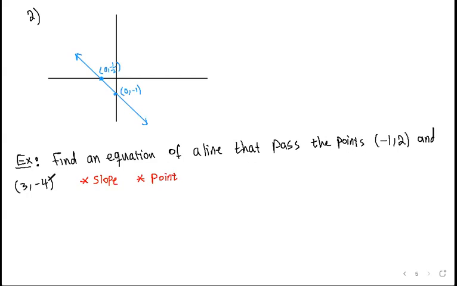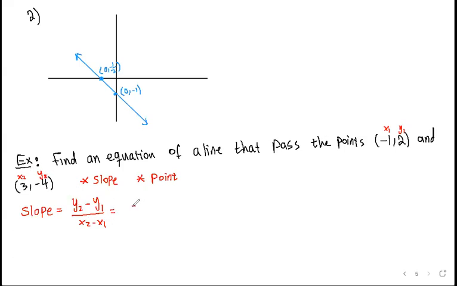I have 2 points, but I don't have the slope. How can I find the slope? y2 minus y1 over x2 minus x1. Exactly. By using the formula y2 minus y1 over x2 minus x1. So this is my x1, y1, x2, y2.